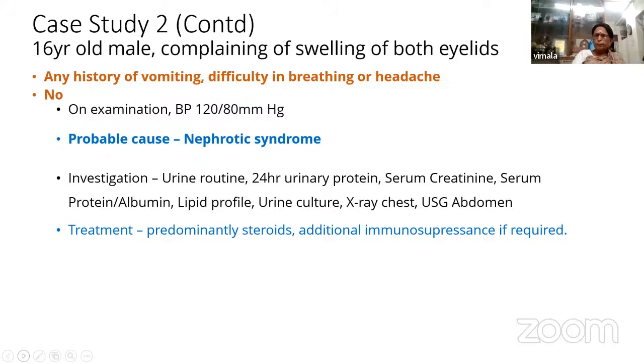On examination, the blood pressure is 120/80. So this 16-year-old student has edema around the eyelids without hematuria, hypertension, and swelling of the feet, with a normal blood pressure of 120/80. The most probable cause is nephrotic syndrome.